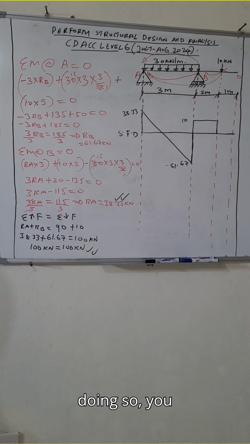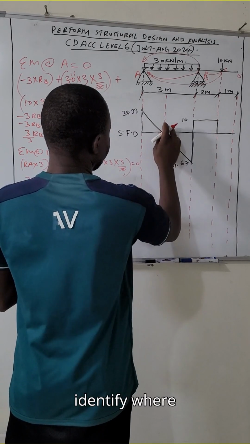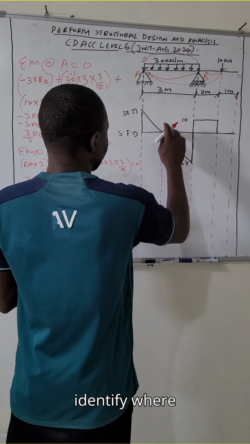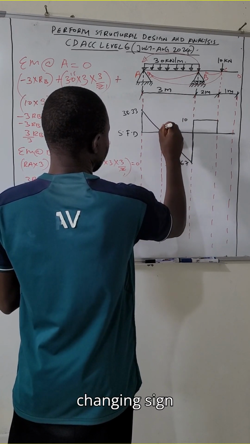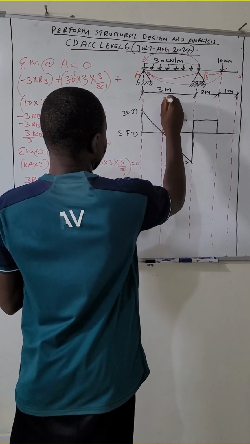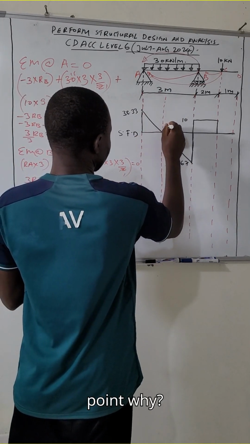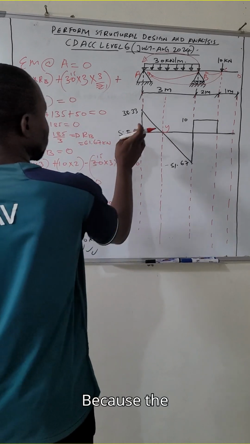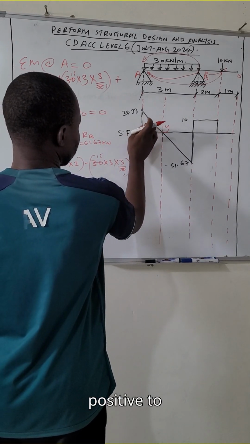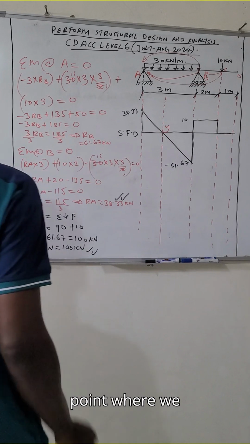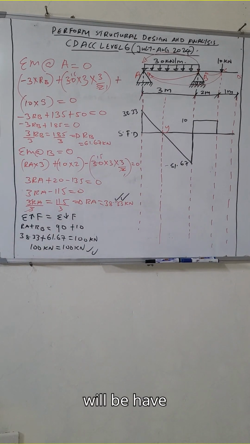After doing so, you will be required to identify where the shear force is changing sign from positive to negative. Let us call this point Y. This is the point where we will have our maximum bending moment.